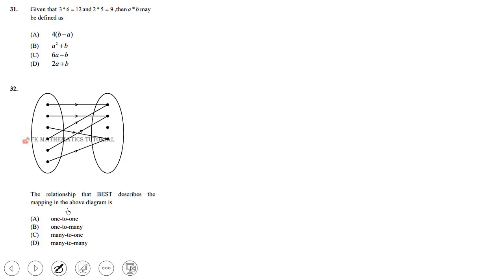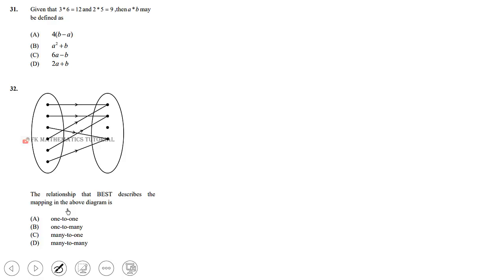Given that 3 star 6 is equal to 12 and 2 star 5 is equal to 9, then a star b may be defined as, alright, so let's see, 3, 6 and 12.